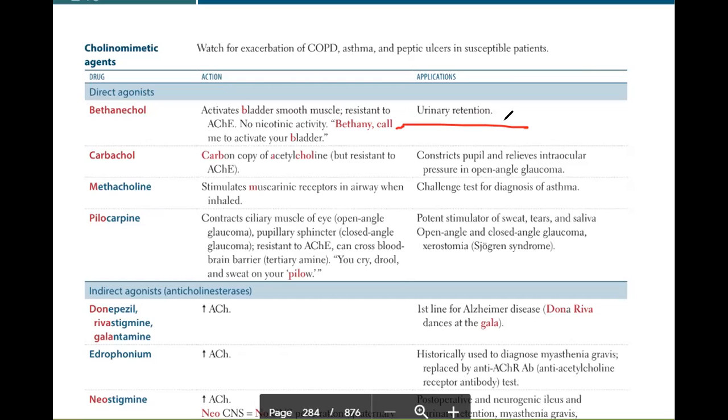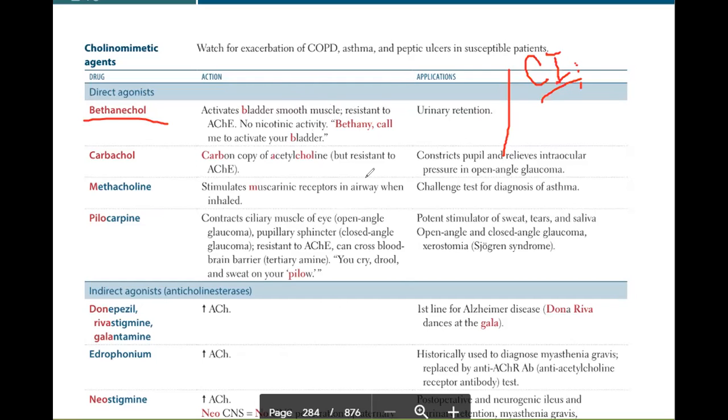Now, there are always some contraindications which are not given in this book, but I want to tell you the contraindications at this particular level. What will be the contraindications of this drug? We are still on this drug, okay? Because it increases the gastric motility, if the patient has a peptic or duodenal ulcer, you will not give this drug.